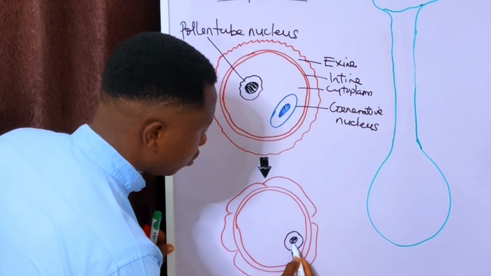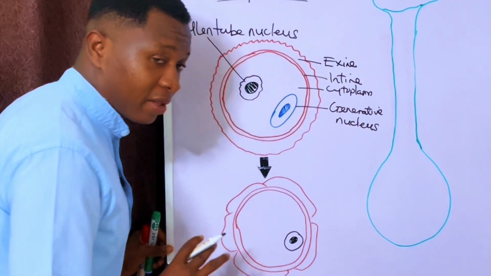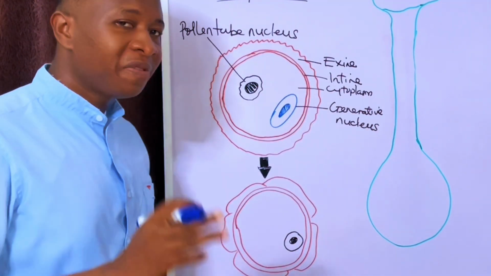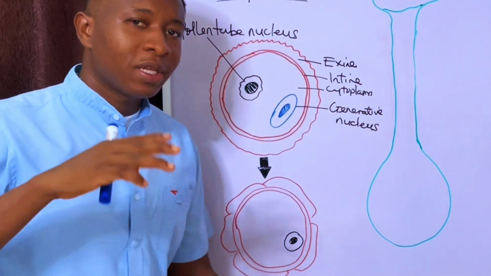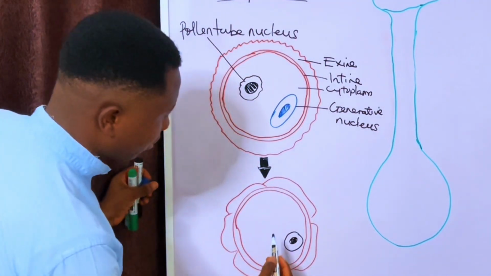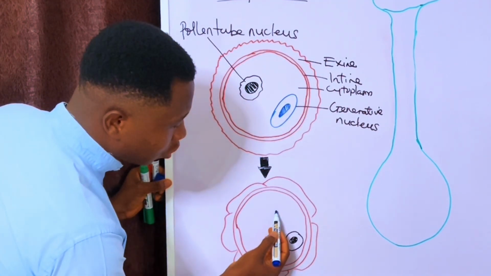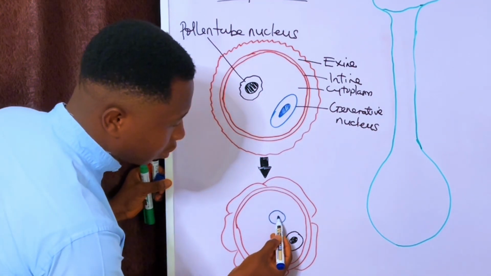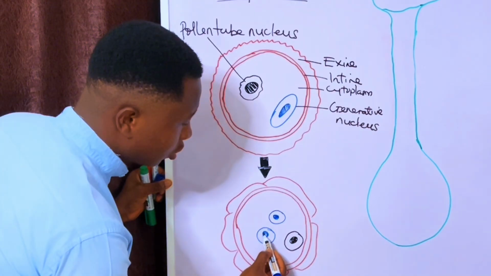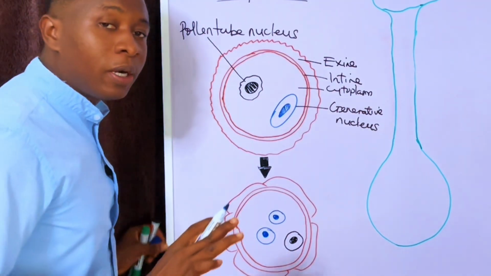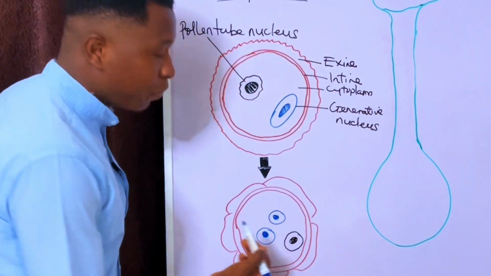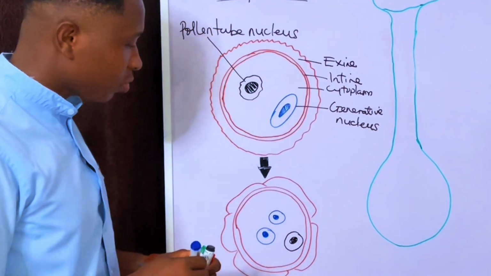However, the generative nucleus will divide into two male nuclei. So instead of having one generative nucleus, you now have two male nuclei, and then you have the pollen tube nucleus.